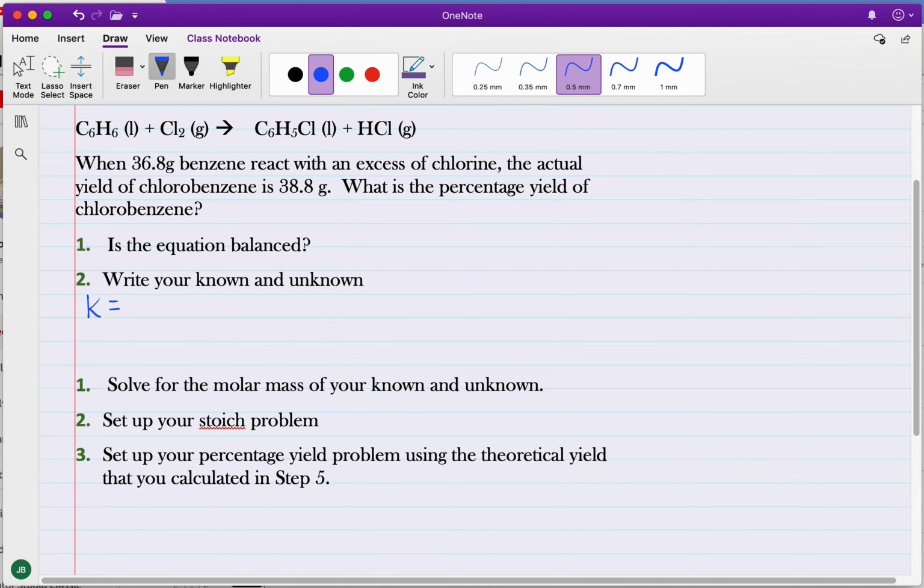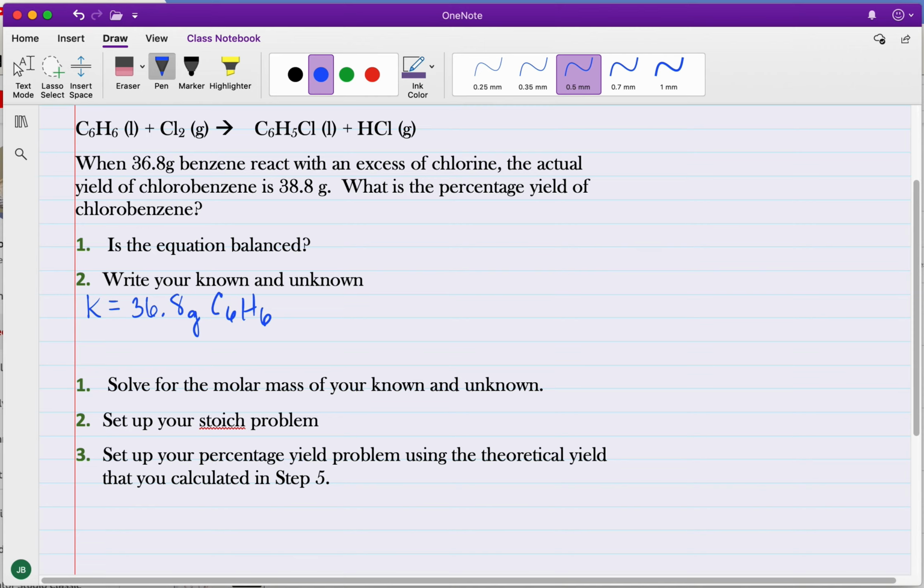Our known is that we have 36.8 grams of benzene. And notice that we are told that the benzene is our limiting reactant. How do we know this? Because it tells us that chlorine was the excess reactant. Okay, so we're just working off of what they are telling us and using that information to infer what the limiting reactant is.